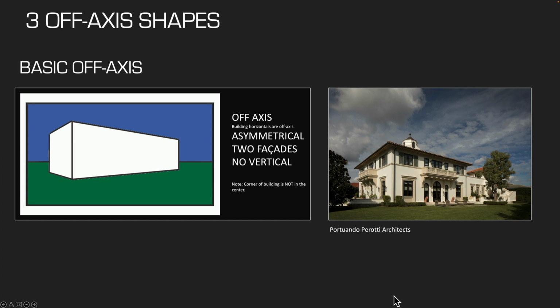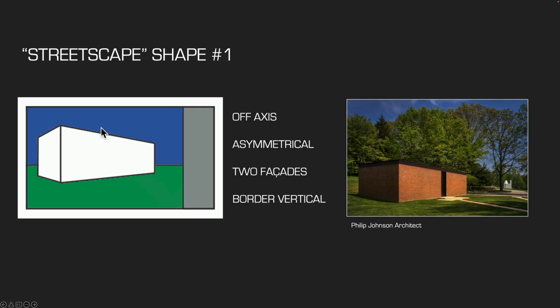Now, we've talked about this before, in my video on basic shapes for architectural photography. One of them is an off-axis view, asymmetrical, with two facades with no balancing vertical. Another one is what I called streetscape shape number one.